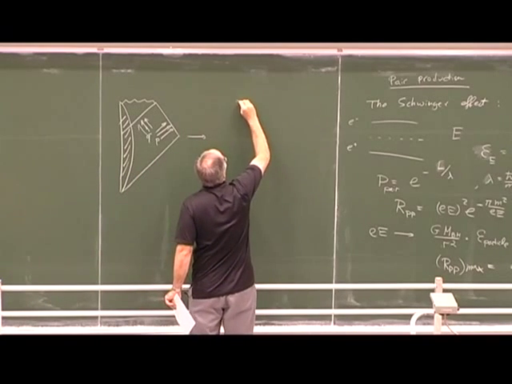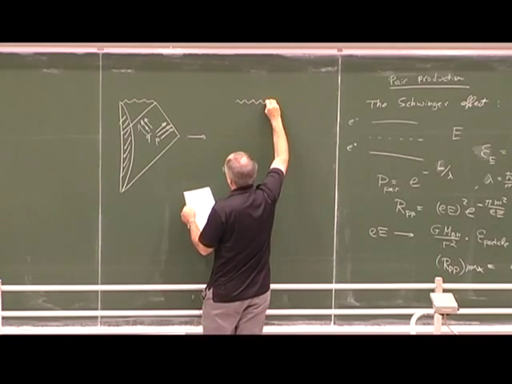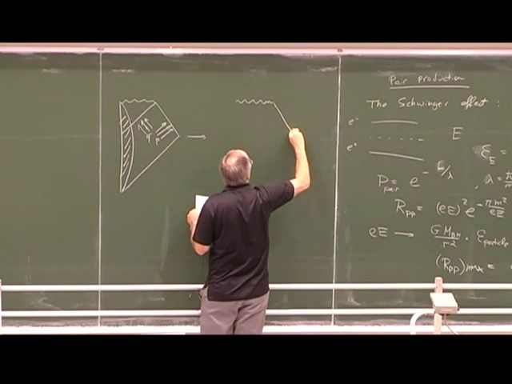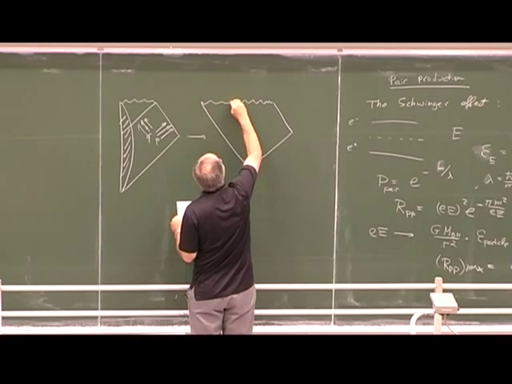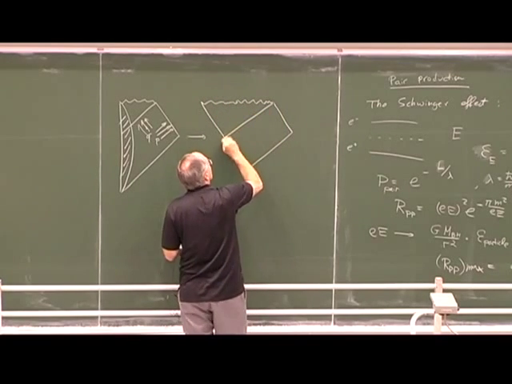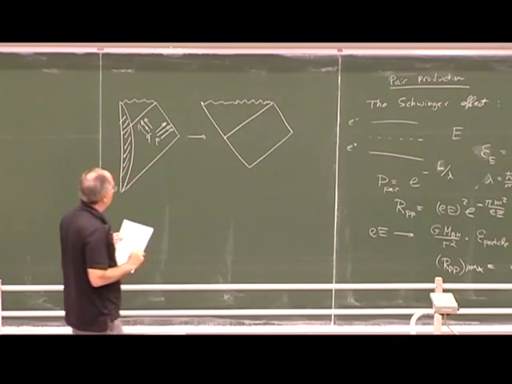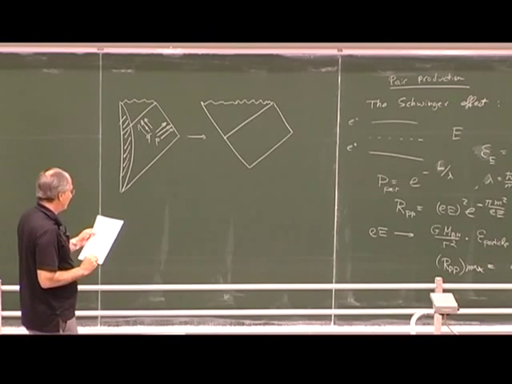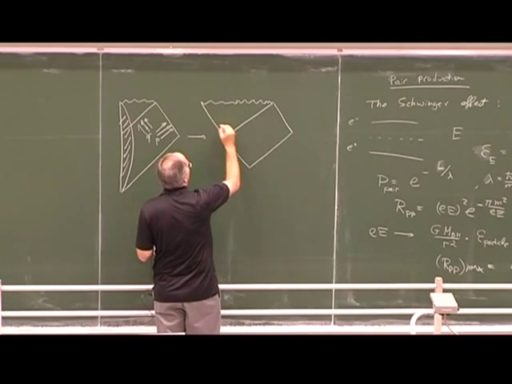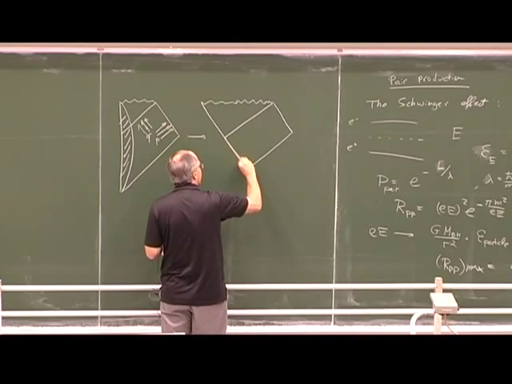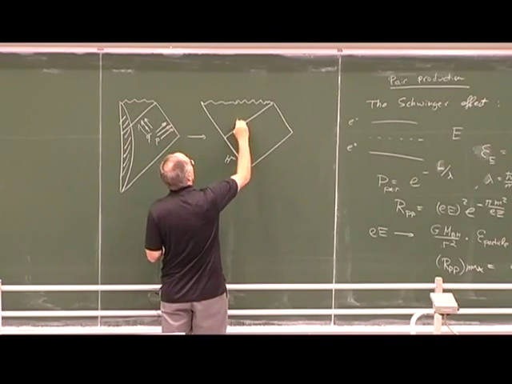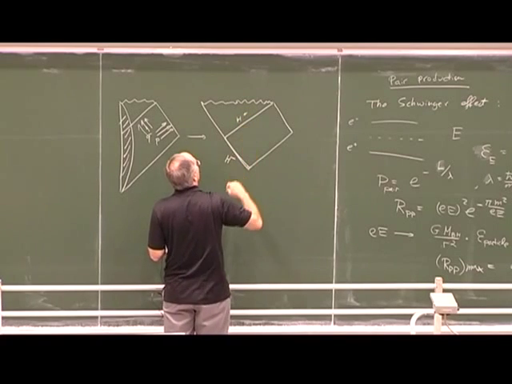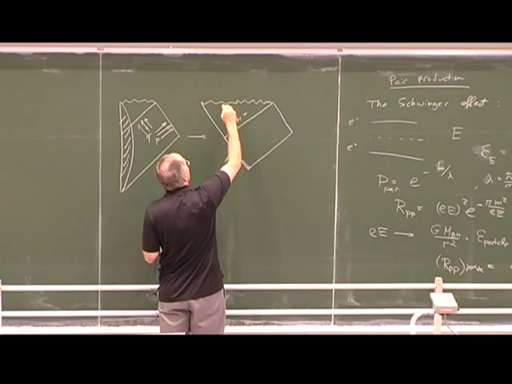So what he did is, it's not a very nice picture, but it's topologically correct. So he extended, this is H minus, H plus, the singularity.